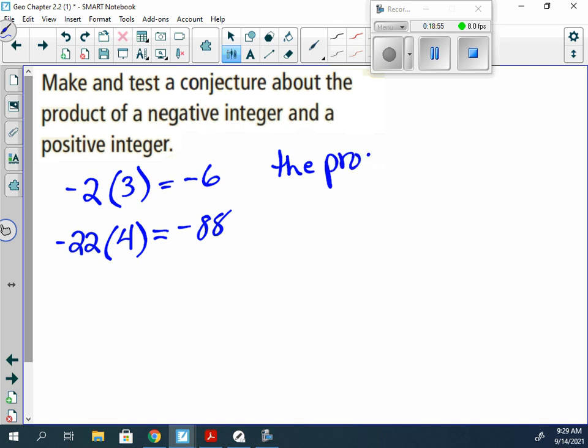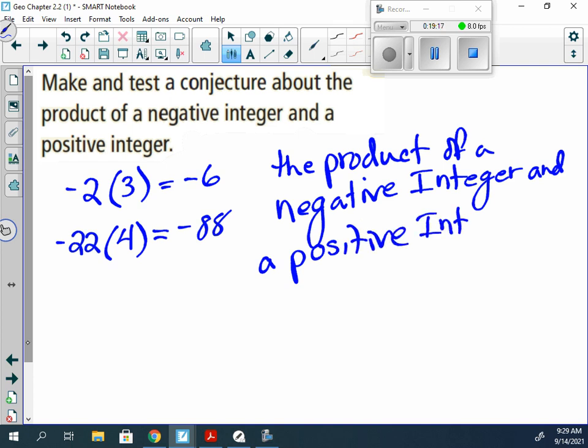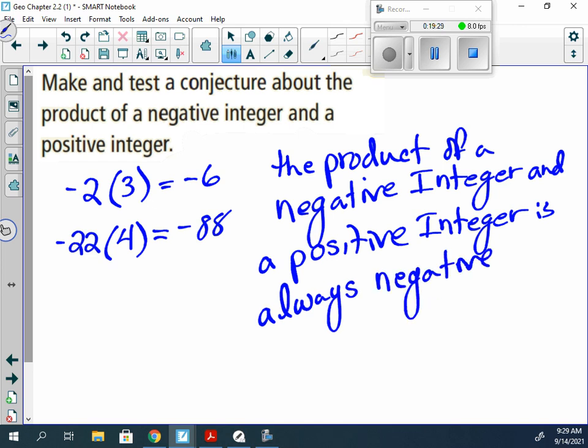The product of a negative integer and a positive is always negative.